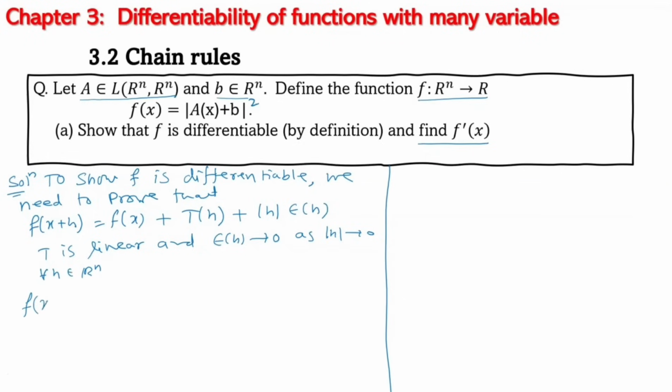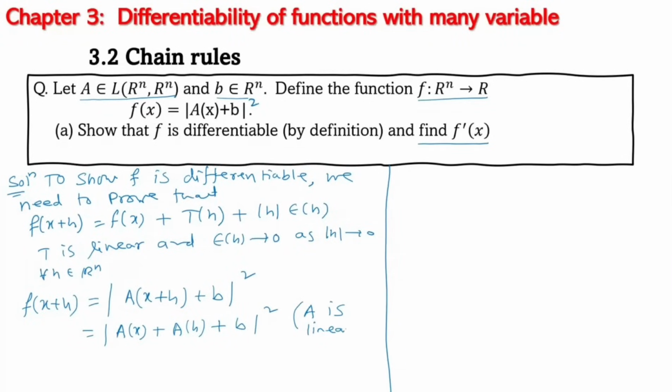So let's start with f of x plus h. This is by definition equal to the norm of a(x plus h) plus b, whole square. So this is equal to ax plus ah plus b, whole square. This is because a is linear.